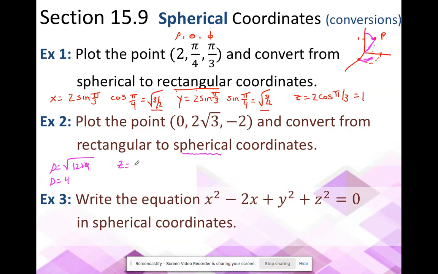Z then is equal to rho cosine of phi, but you know the z, don't you? So plug in z there, and we know rho. So you're looking for an angle that has a cosine of negative a half, so phi must be 2 pi over 3.